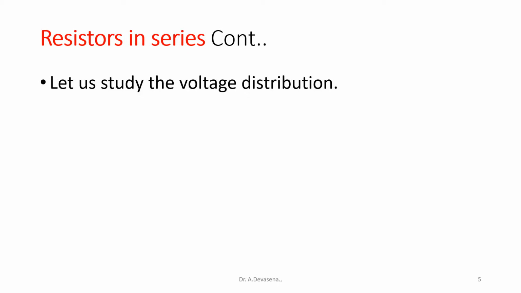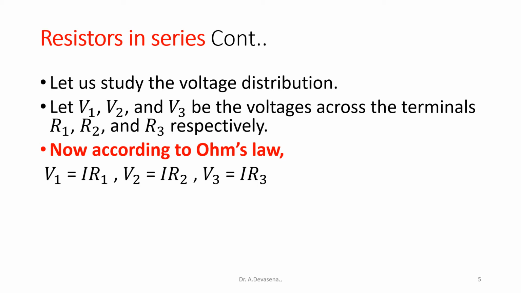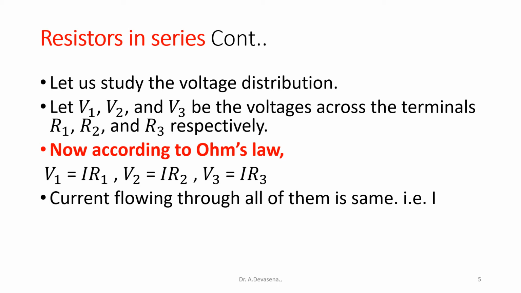Let us study the voltage distribution across each resistance. Let V1, V2 and V3 be the voltages across the terminals R1, R2 and R3 respectively. Now, according to Ohm's law, V1 is equal to IR1, V2 is equal to IR2, V3 is equal to IR3.